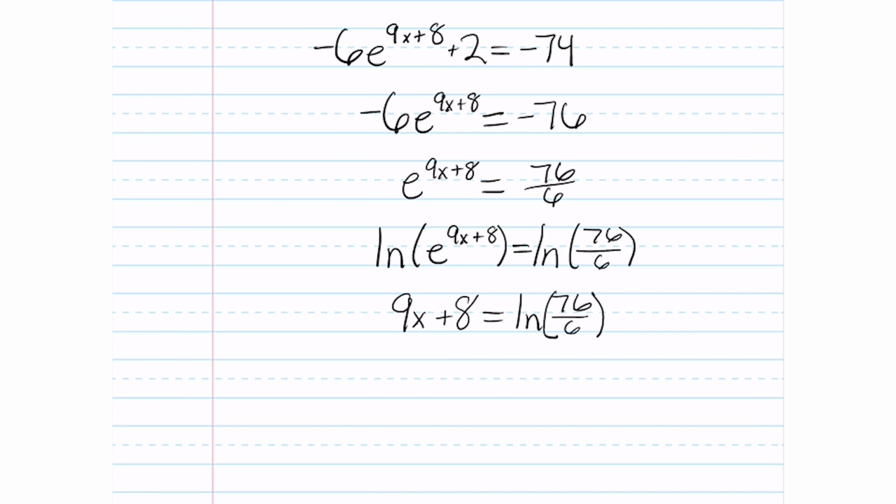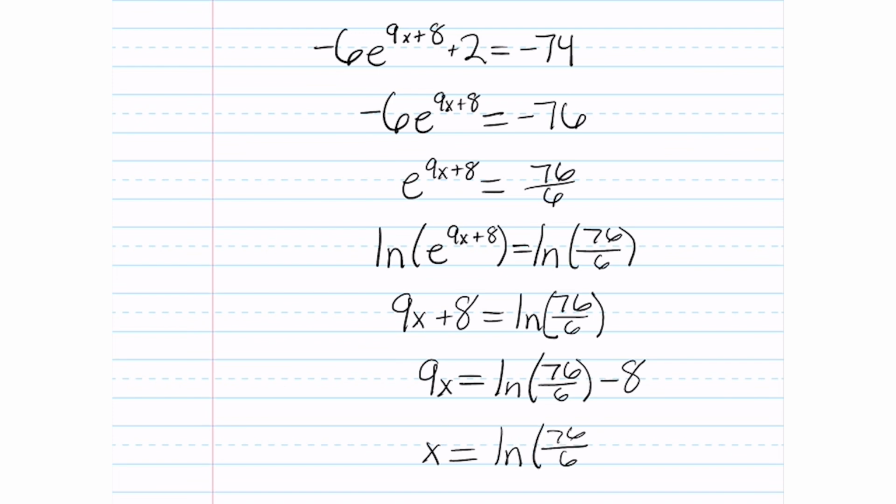And so now we can subtract 8 from both sides because we're closer to isolating x. And then divide both sides by 9, which leaves x on its own, which means our answer is x equals ln of 76 over 6 minus 8, divided by 9.